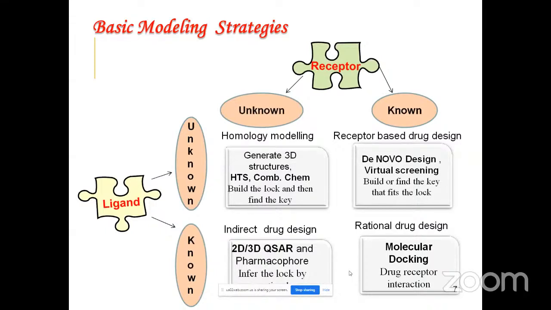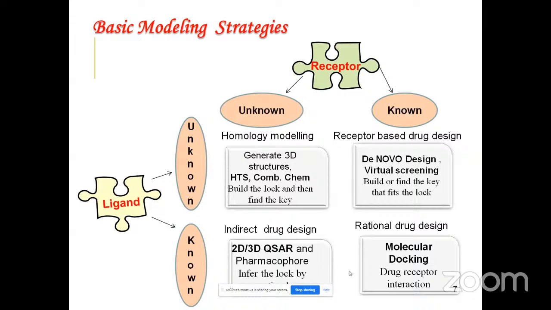Now, from a computational chemistry or medicinal chemistry point of view, we often deal with two systems, ligand and receptor, meaning target and drug. When we define the modeling strategy in terms of these two counterparts, which play an important role in the overall drug discovery process, the receptor system is classified into two different parts, that is unknown and known.